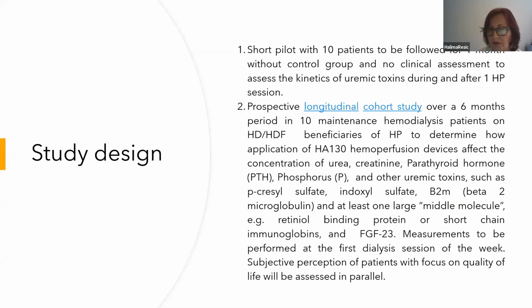Prospective longitudinal cohort study over the 6 month period for 10 maintenance patients on hemodialysis and hemodiafiltration, beneficiaries of hemoperfusion, to determine how application of hemoperfusion devices affects the concentration of urea, creatinine, parathyroid hormone, phosphorus, and other uremic toxins, such as p-cresyl sulfate, indoxyl sulfate, beta-2 microglobulin, and lastly large middle molecules such as retinol binding protein or short chain immunoglobulins, and FGF23.